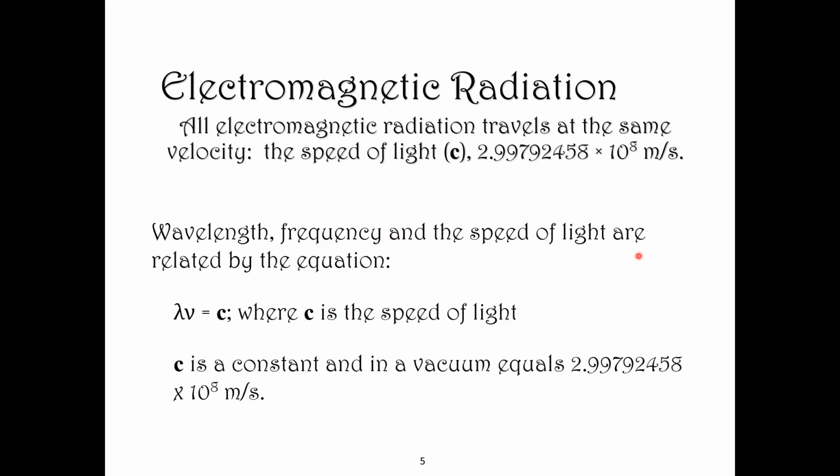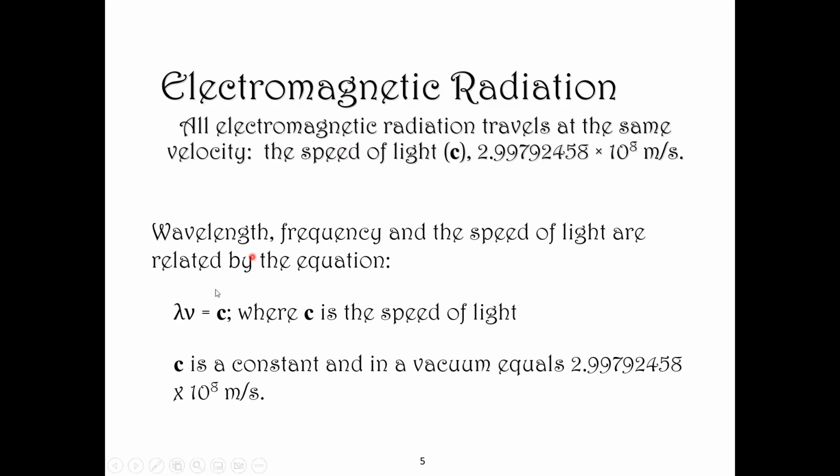But like I said earlier, any type of electromagnetic radiation, so any type of light, is going to be traveling at the same speed if it's going through the same medium. So if we had a vacuum, so something like space, for instance, and we had X-rays, visible light, infrared, any of those types of waves passing through space, they're all going to be moving at the same speed, but they're going to have a different wavelength, they're going to have a different frequency.